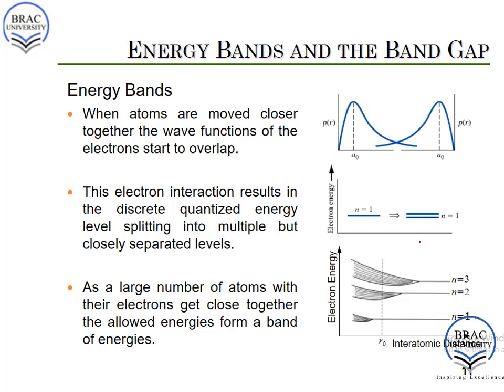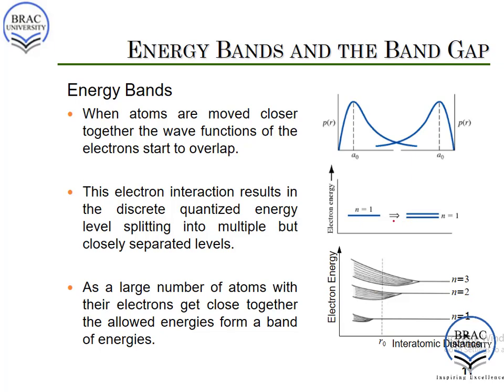If more than 2 atoms interact with each other, let's say for silicon, thousands of atoms interact with each other. In that case, thousands of discrete energy levels are created for the 1s orbital. This is shown in this figure.